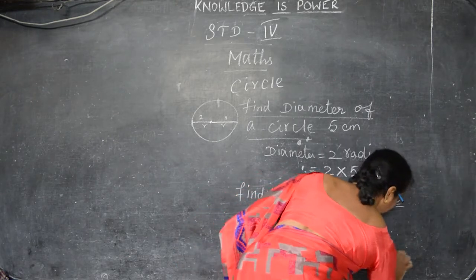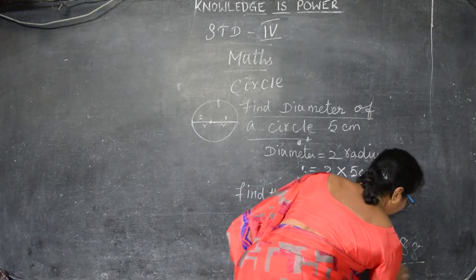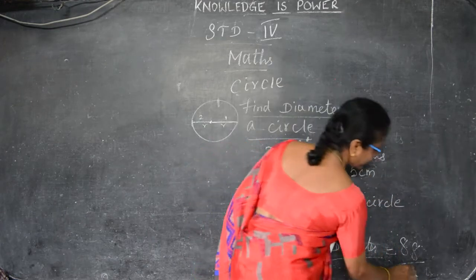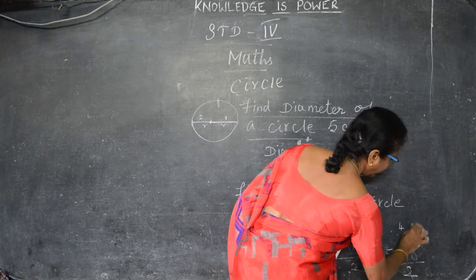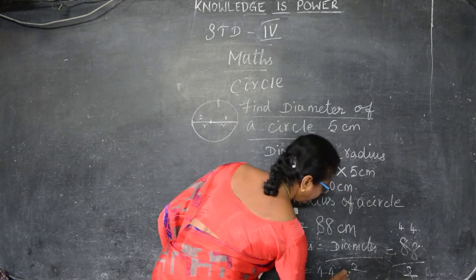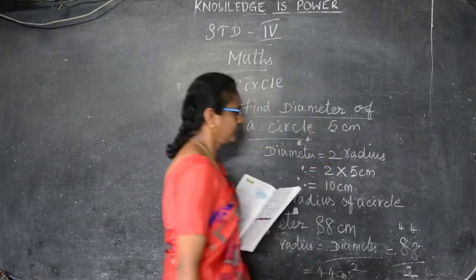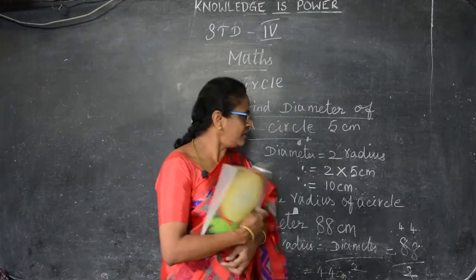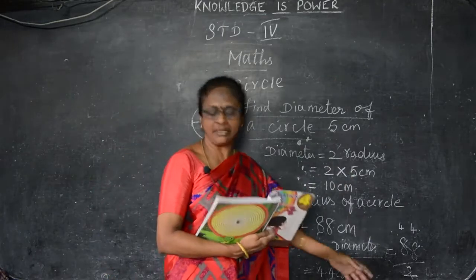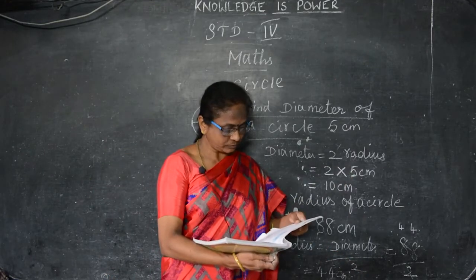Here the diameter is 88. 88 by 2: 2 fours are 8, 2 fours are 8. That is equal to 44 centimeter. Okay children, so diameter is 2 into radius, and to find the radius, diameter by 2.